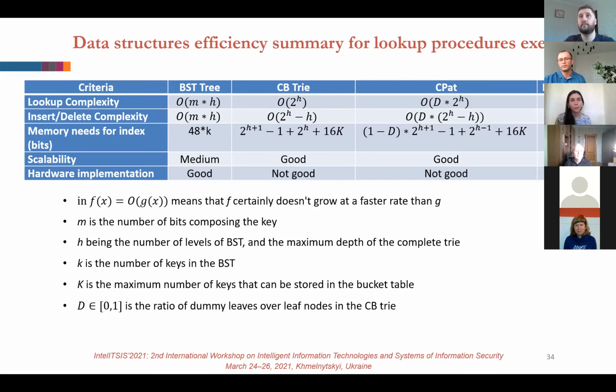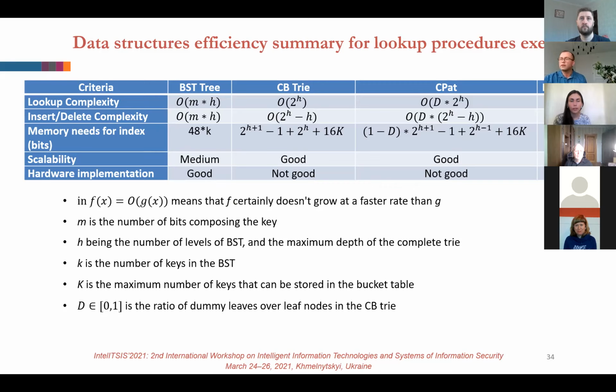May I ask a question? Yes, Lana. A similar question according to this slide. So here you evaluate efficiency according to scalability and hardware implementation using such terms like medium, good, not good, and so on. So what were the criteria to state that it is medium, good, or not good?